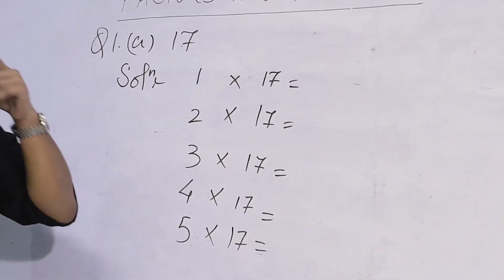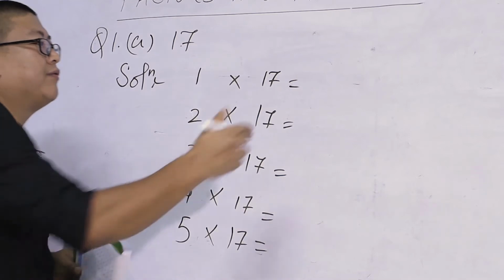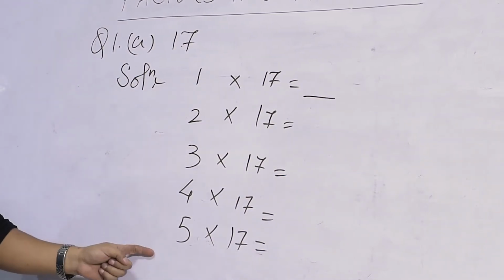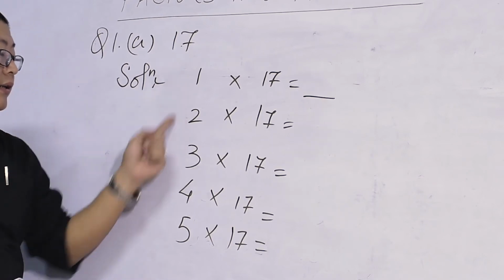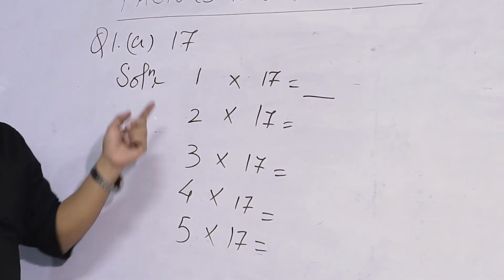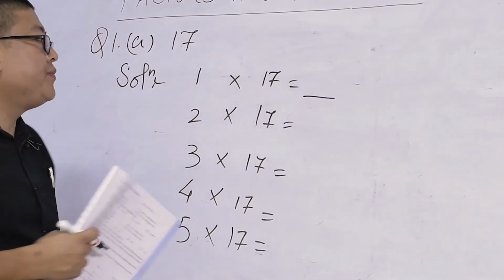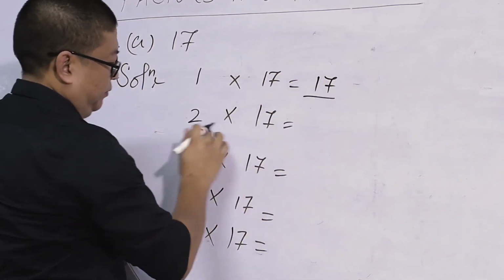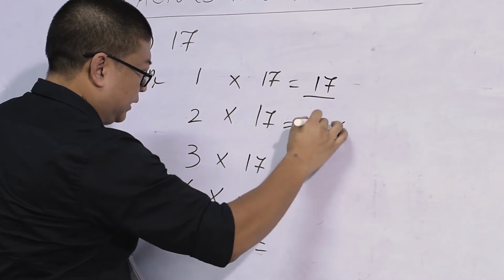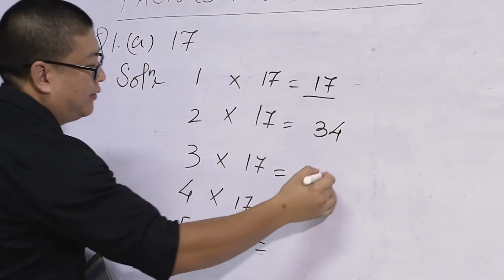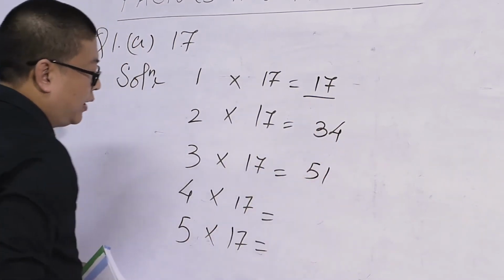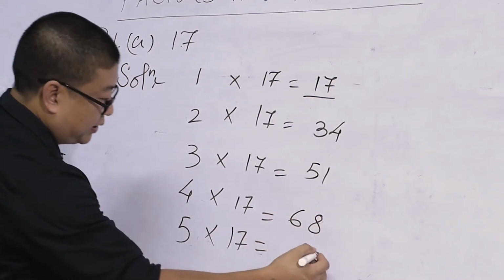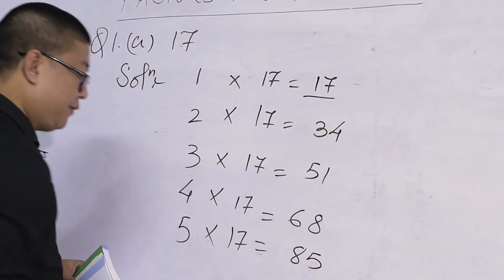We have already learned multiples mean the end product. So we have to find this. For the first 5, I'm multiplying serially with 1, 2, 3, 4, 5. So 1 into 17 is 17, 2 into 17 is 34, 3 into 17 is 51, 4 into 17 is 68, 5 into 17 is 85.